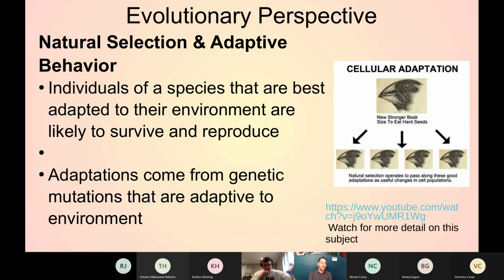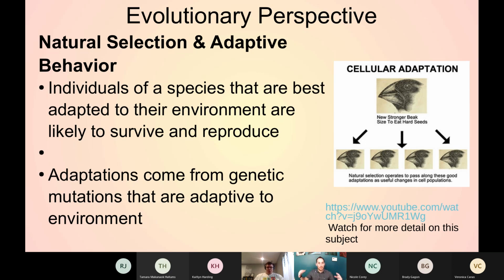And so with those mutations, it might be a slightly longer beak or a slightly harder beak or a slightly different wing shape or a slightly different color. And so if that slight change or variation is adaptive for that individual bird, it might get passed on to its children.